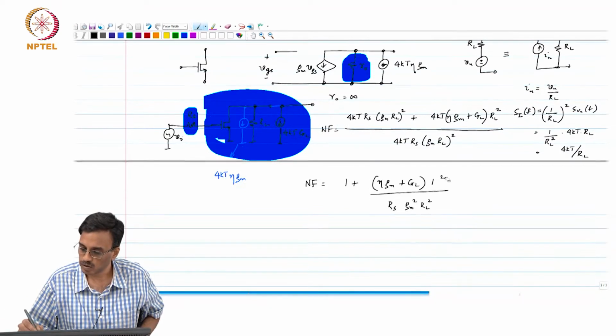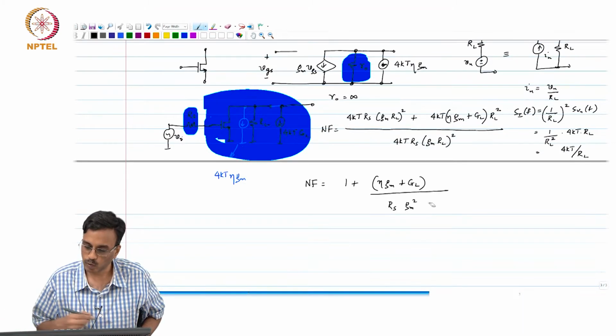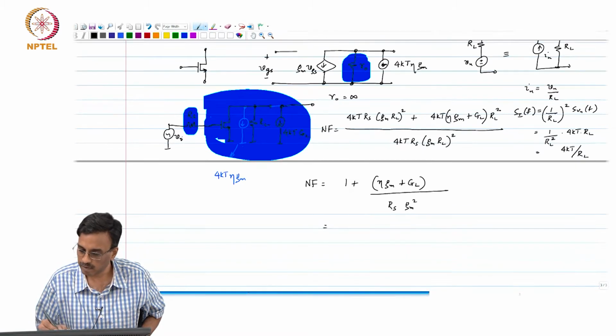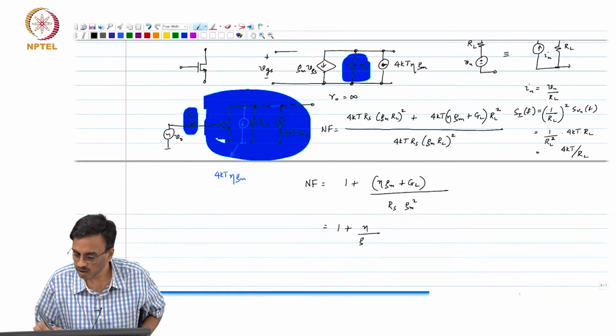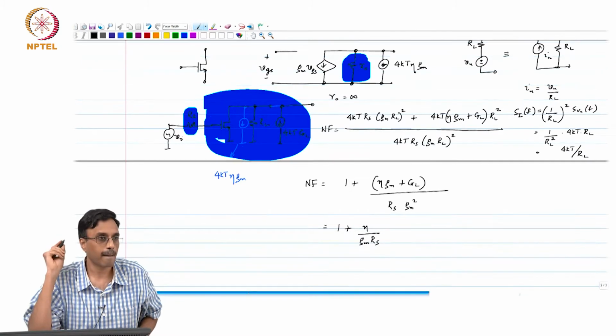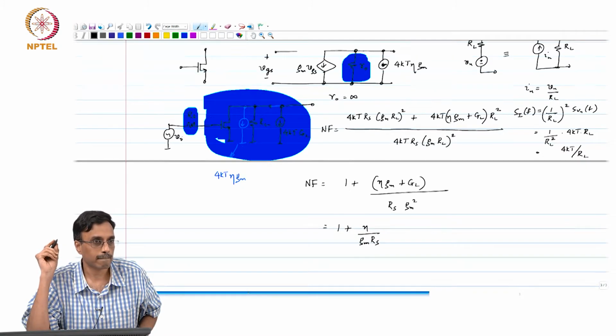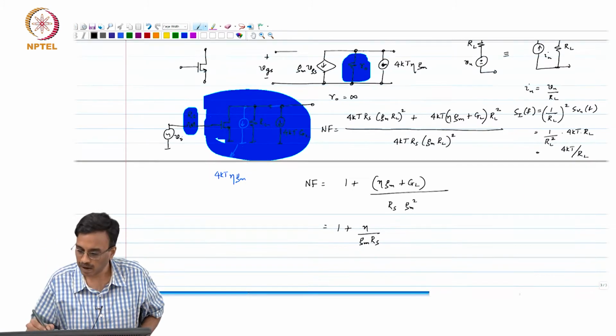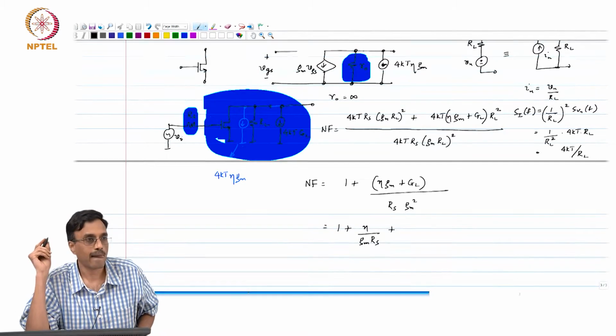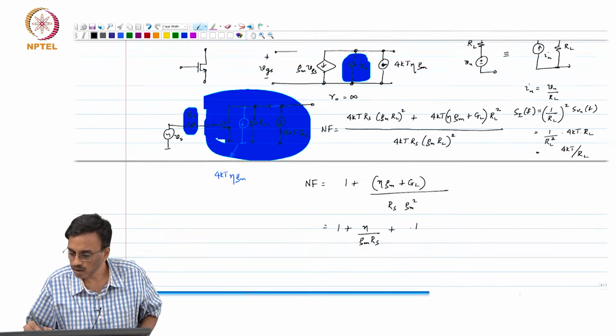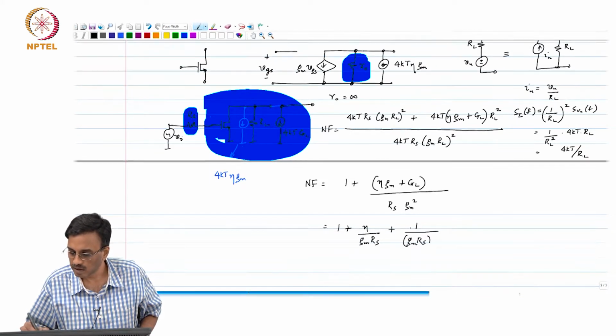And so, this goes away, and you have 1 plus η over GM RS, all right, plus 1 over GM RS times GM RL.